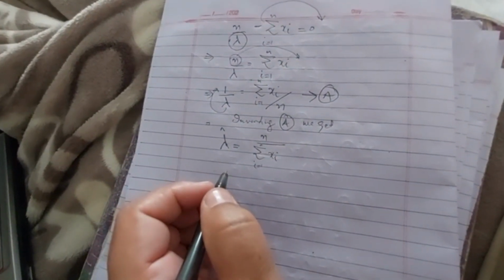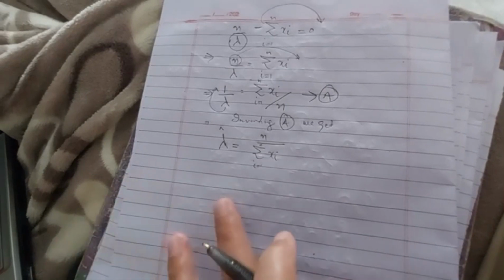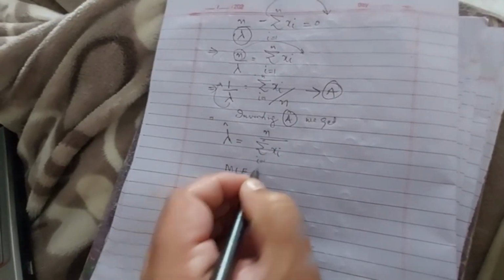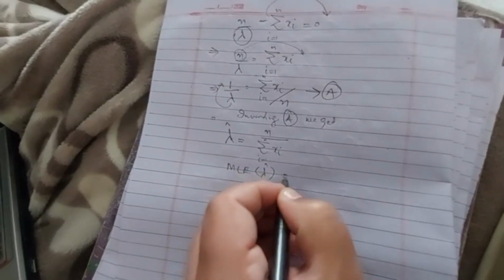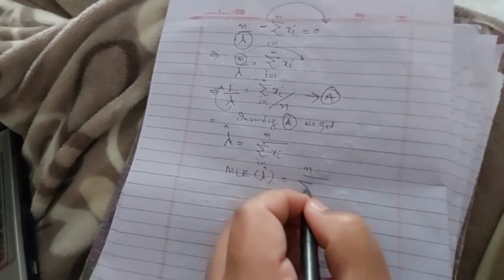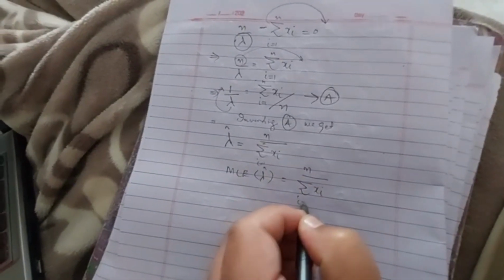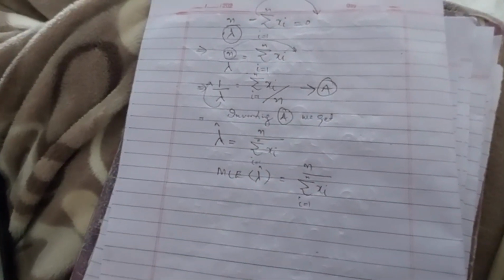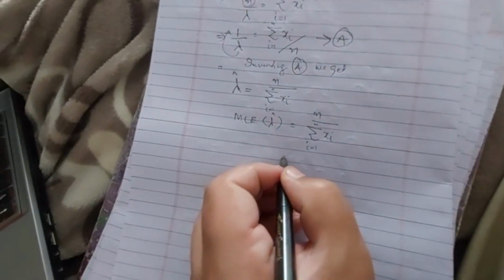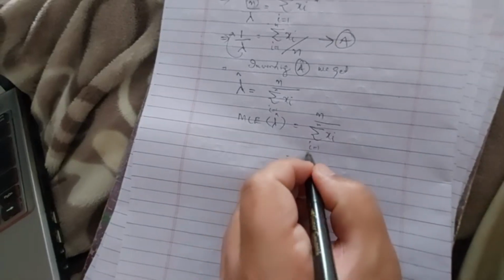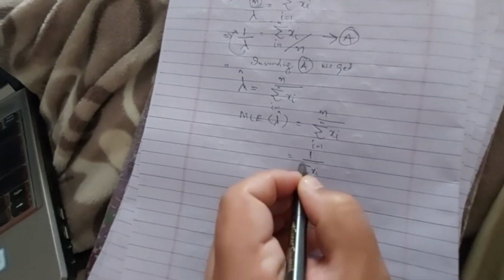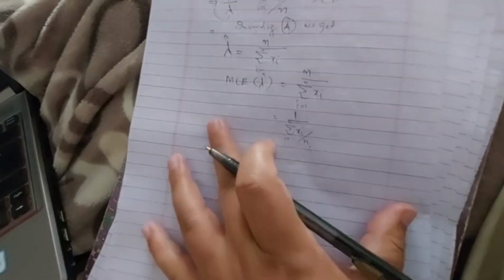So the MLE, lambda bar, is equal to n divided by summation of xi for i equal to 1 up to n, and we can write it as 1 divided by summation of xi for i equal to 1 up to n divided by n.